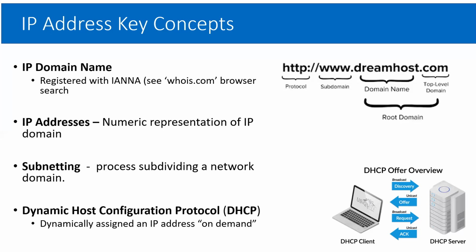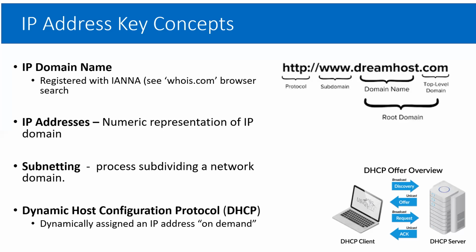Maybe part of the range they want to use for the dormitories, part for the administrative offices, part for guests. Subnetting essentially takes your IP address ranges and subdivides them into smaller networks. It improves your ability to control, monitor, and secure those subnets.